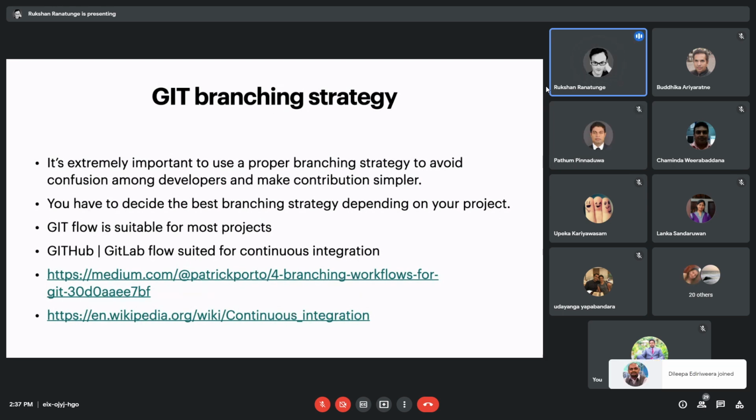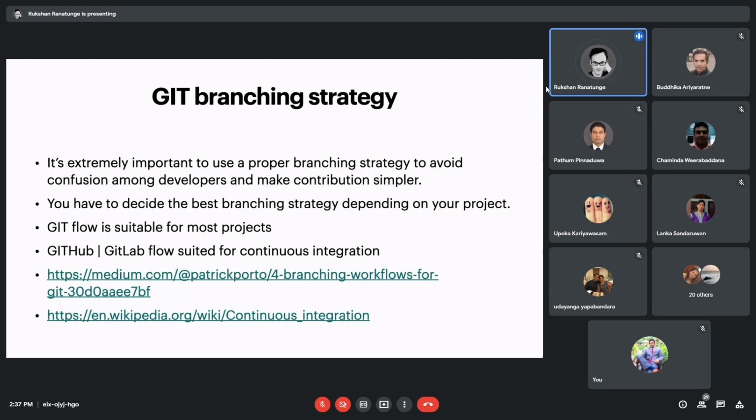There are several branching methods such as Git flow, GitHub flow, and GitLab flow. Depending on the type of system that you are developing and the way it is developed, whether it is agile development or continuous integration development, it is up to you to decide on the Git branching strategy that is most useful for your system.